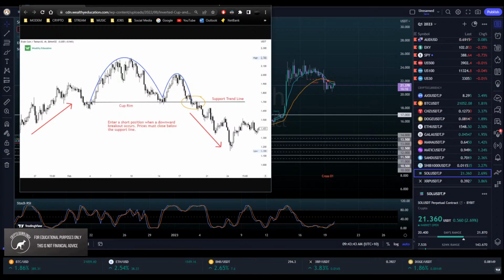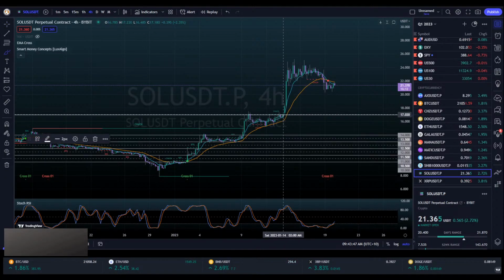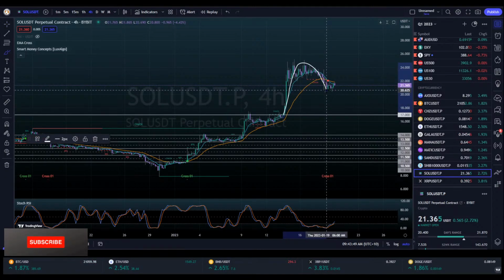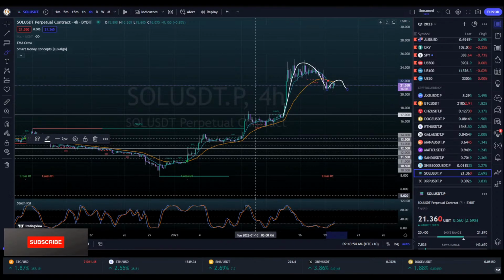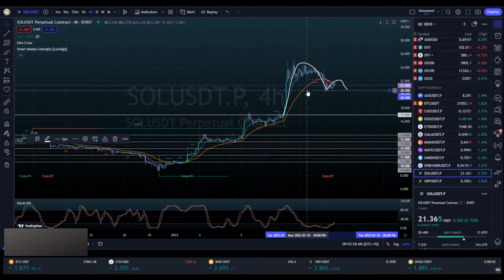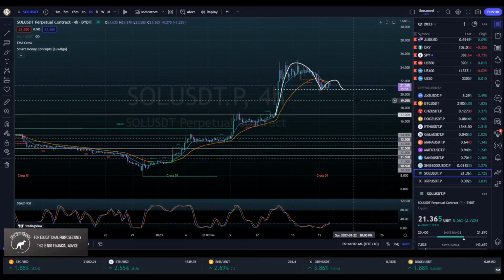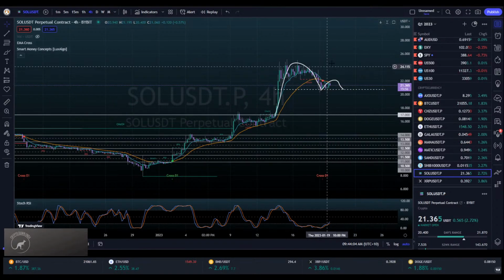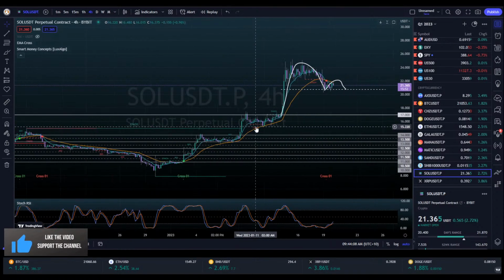So your play in that case would be, there's your cup formed. We're still forming that second hump, which would be the handle. And your neckline for that cup would be something along these lines here. So maybe you're still waiting for confirmation that it's going to break down.